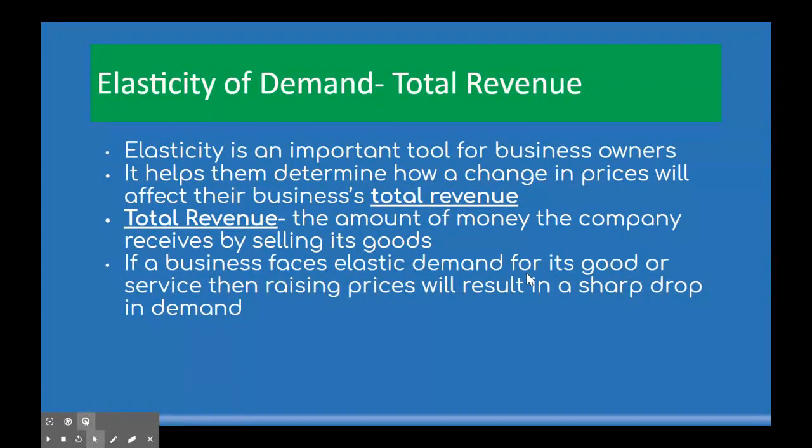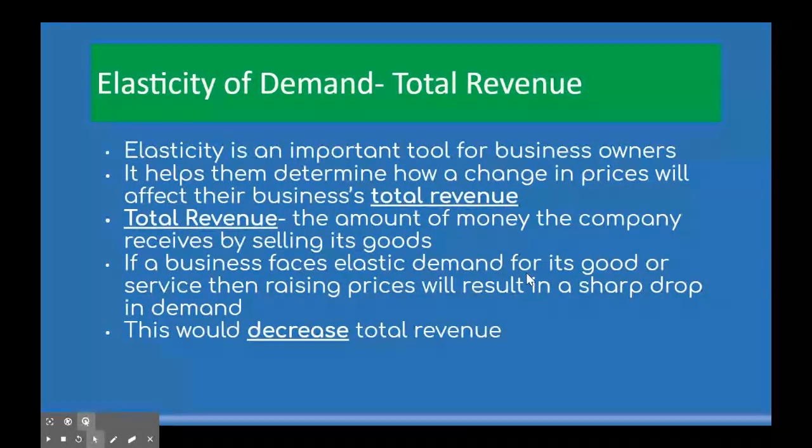If a business faces elastic demand for its good or service, then raising prices will result in a sharp drop in demand. This would cause a decrease in total revenue. So they wouldn't make as much money if the good or service's prices were raised or became high. Naturally, you would get a sharp drop in demand, which means that these companies would have a decrease in total revenue.